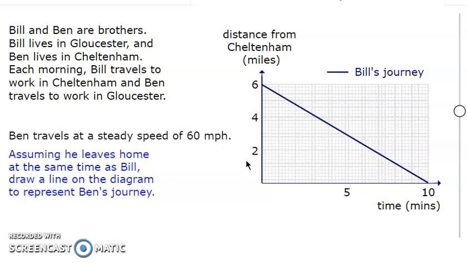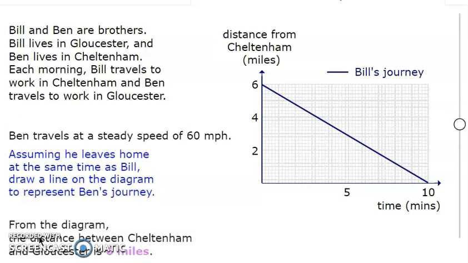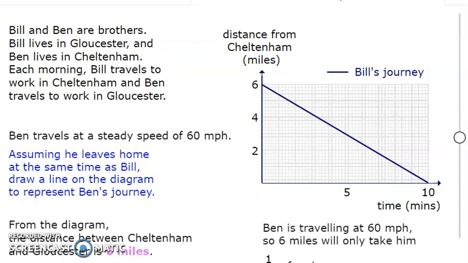Now, from the diagram, the distance between Cheltenham and Gloucester is 6 miles. Ben is traveling at 60 miles per hour. So 6 miles will only take him 1 by 10 of an hour, that is 6 minutes.